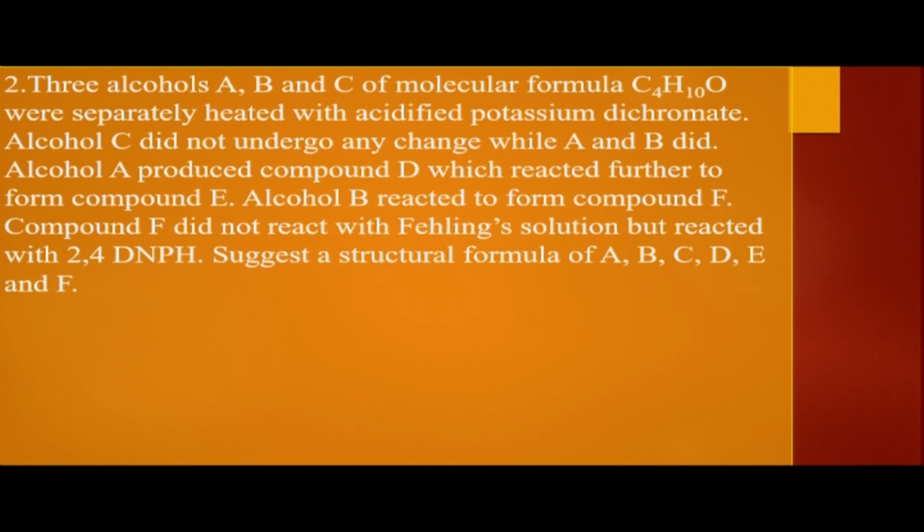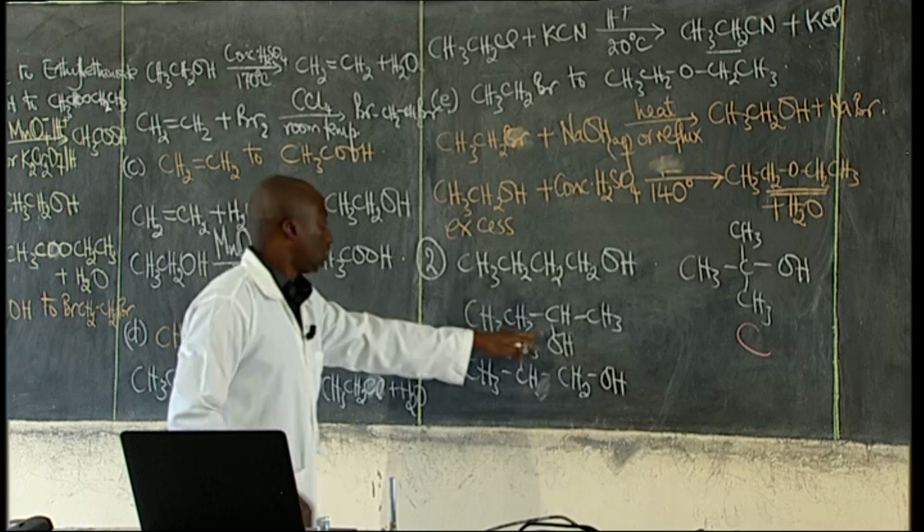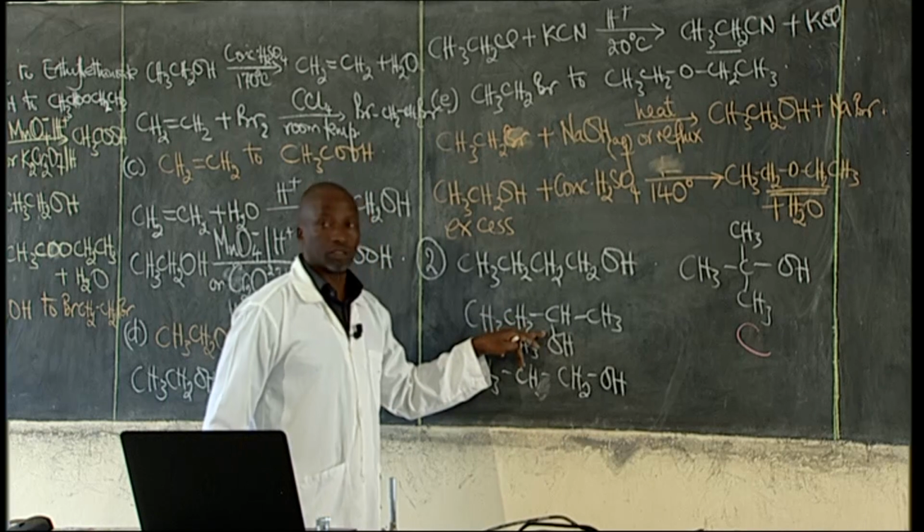That is very important. If F does not react with Fehling's solution, what does it mean? It means F is a ketone. F must be a ketone. And ketones are derived from secondary alcohol. This is the one that will produce the ketone.